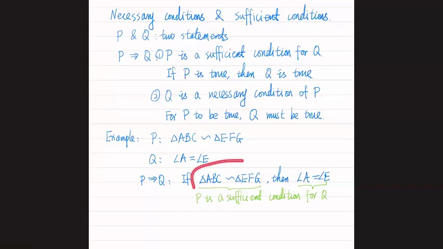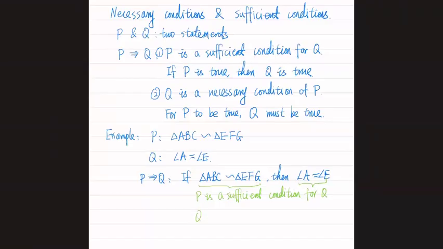And for two triangles to be similar, the corresponding angles must be the same. Q is necessary.